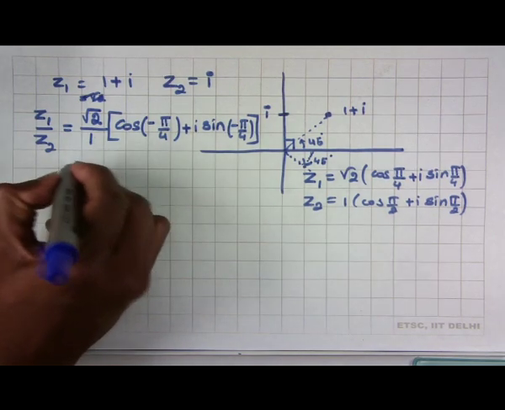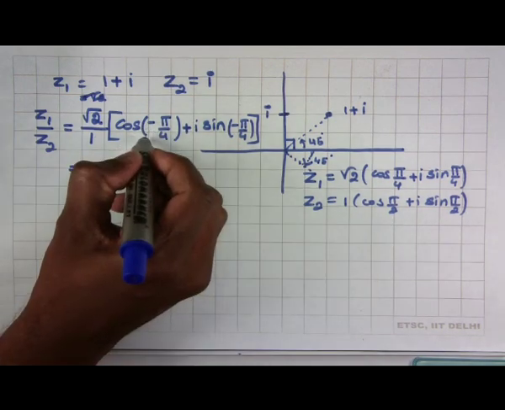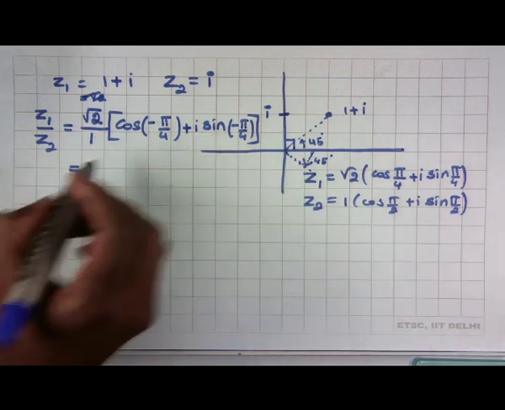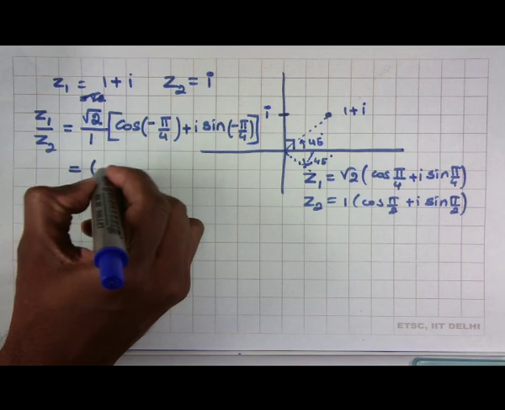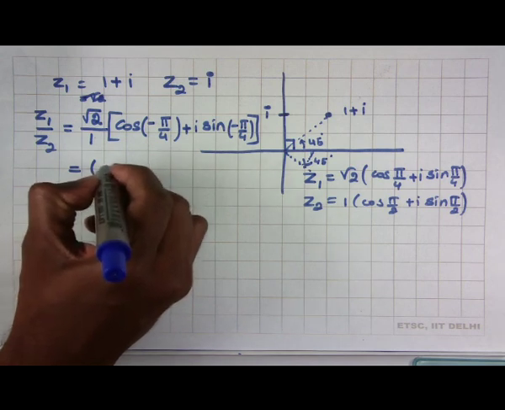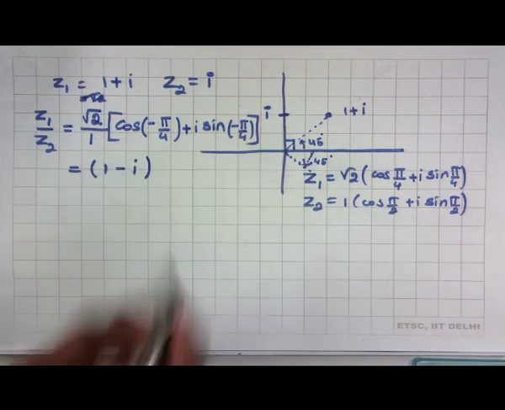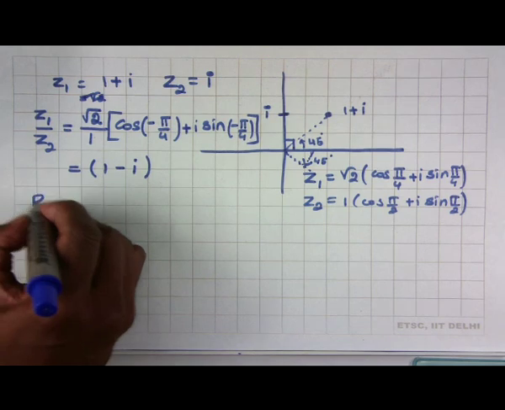Again, as we noticed in the previous slide, it is 1 by root 2 and here it is minus 1 by root 2. So, what you get is just 1 minus I, right.